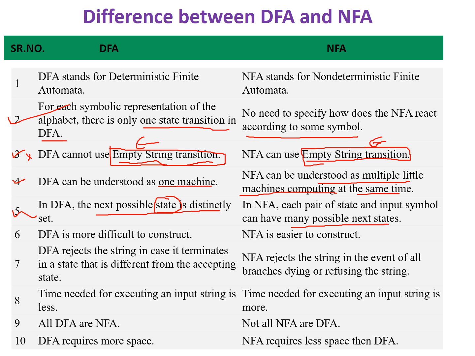That means for every input there are multiple states it can go to. So on A, it may go to Q0, or it may go to Q1 on the same input. So multiple transitions are possible.